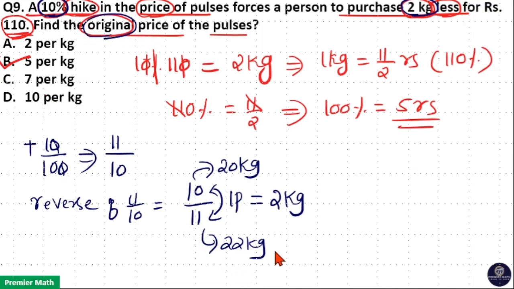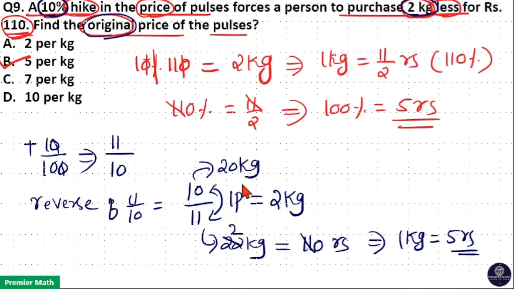Here denominator is the original one. So 22 kg cost 110 rupees means 11 goes 2 times in 22. So 2 kg cost 10 rupees means 1 kg cost 5 rupees. So option B is your answer.